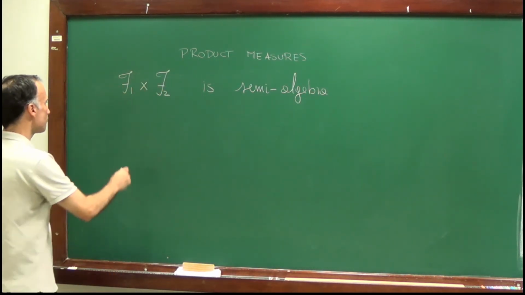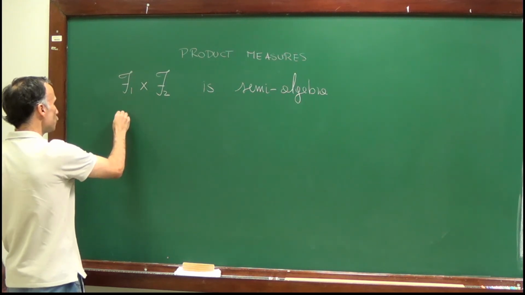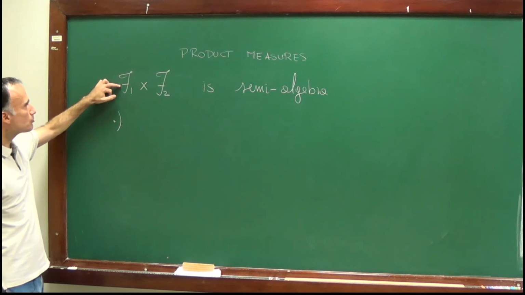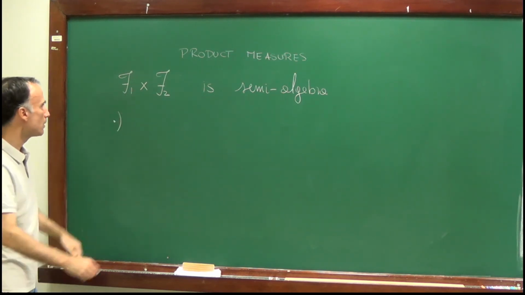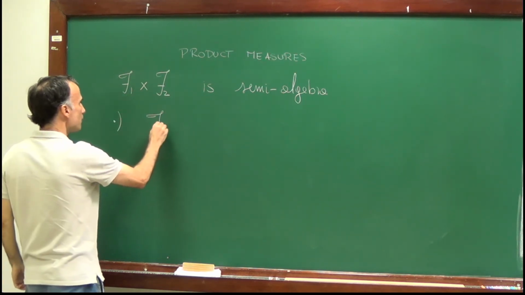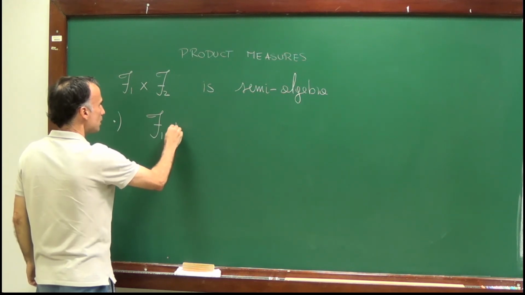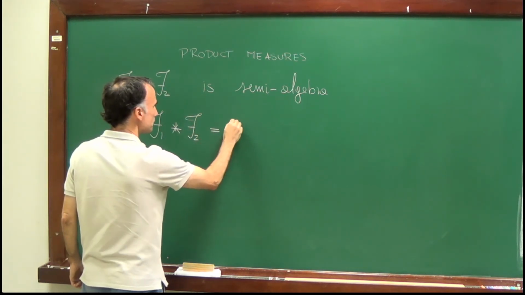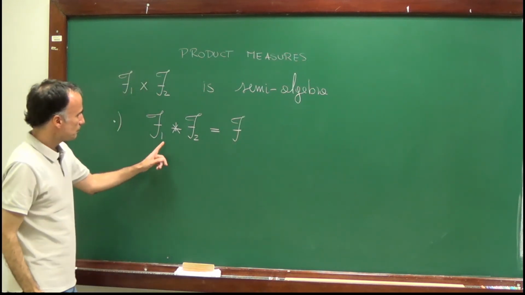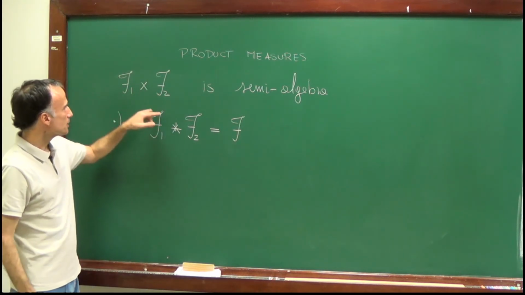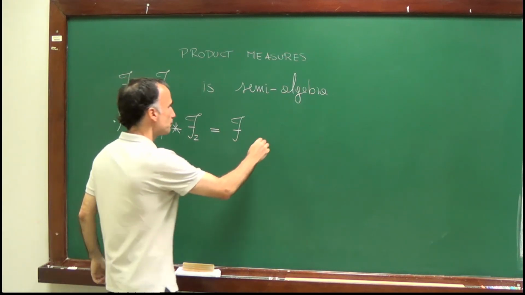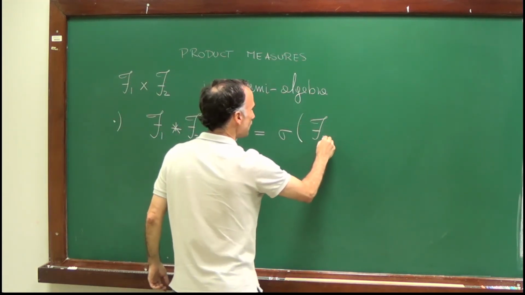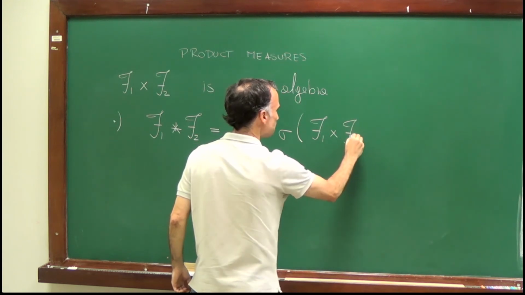Now, I will define two objects. The first one is the sigma algebra generated by the rectangles. So I will represent it by F1 star F2, and I will denote that by F simply. This will be the sigma algebra generated by the rectangles, which we usually represent as sigma of F1 times F2.